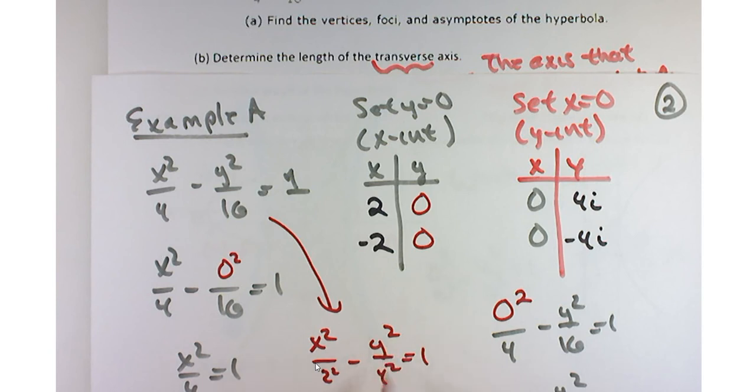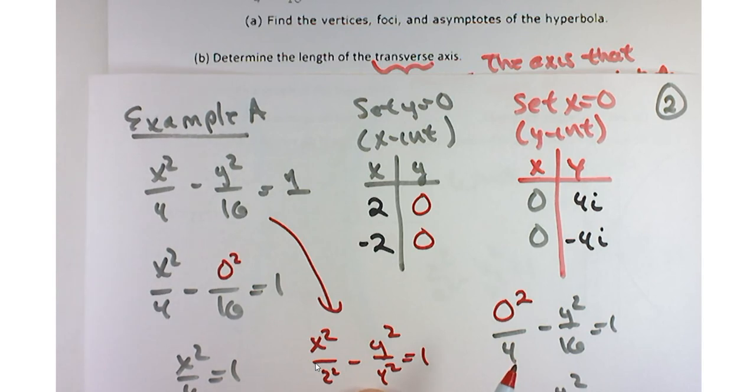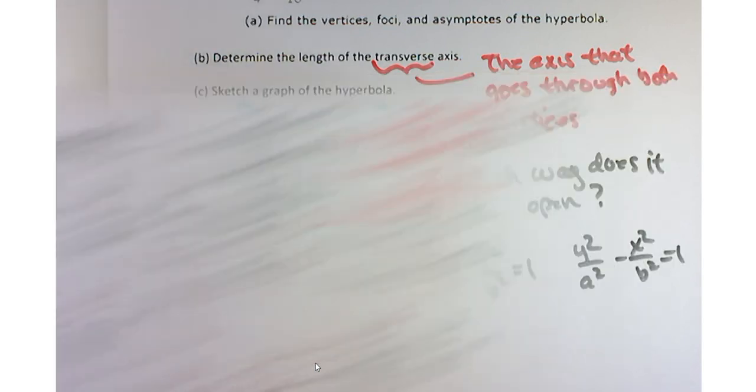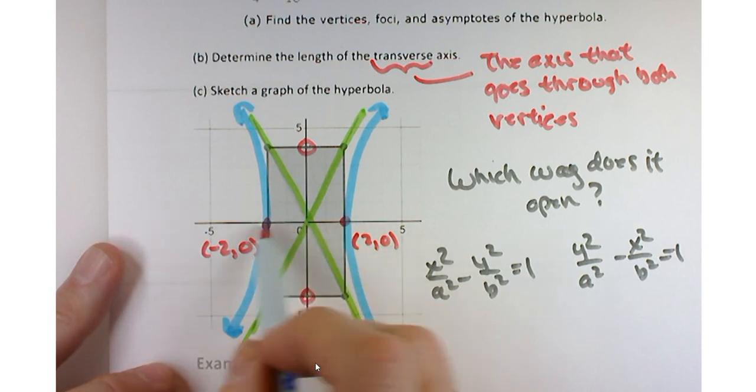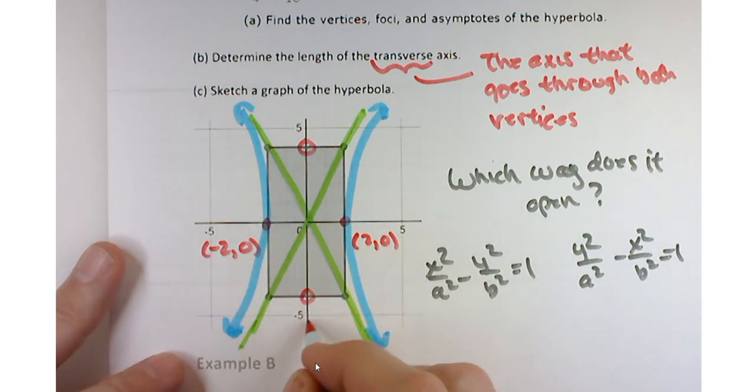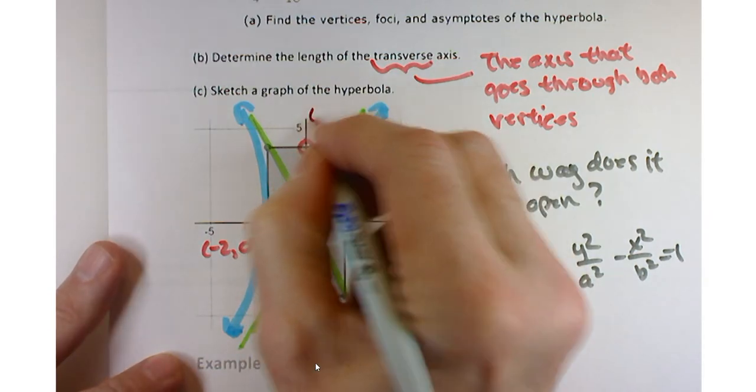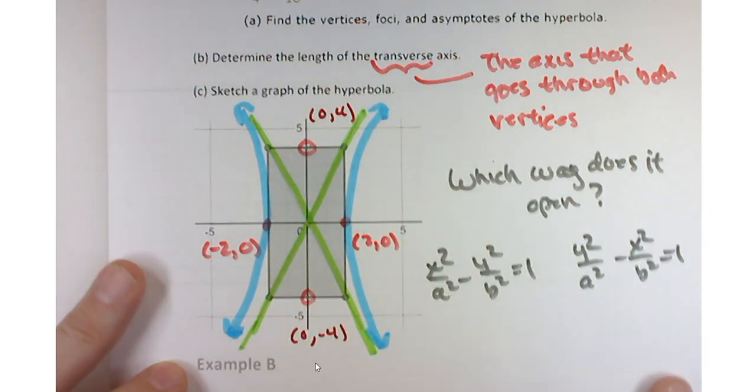Up 4 and down 4 away from the center. And the center for all our hyperbolas in this section is going to be 0, 0. So these points here are 0, negative 4, and 0, 4 respectively. Great.